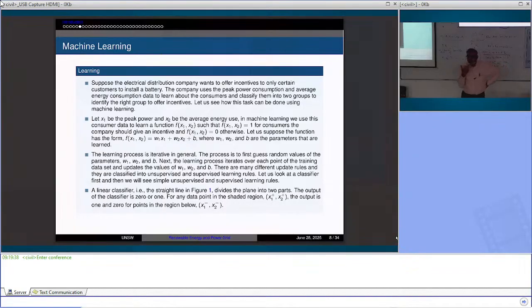How do you get W1 and W2 and B? Let this be a classifier. I know I got several x1, x2 with me. So I got these data points.